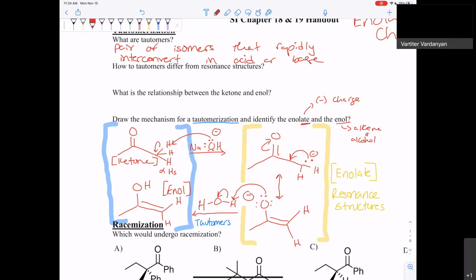So the big thing I want you to take away from this is that you have to have acid or base to make this tautomerization happen. And we kind of already touched on this, but the big difference between tautomerization and resonance is that in a pair of tautomers, you actually do a reaction to move a hydrogen atom.